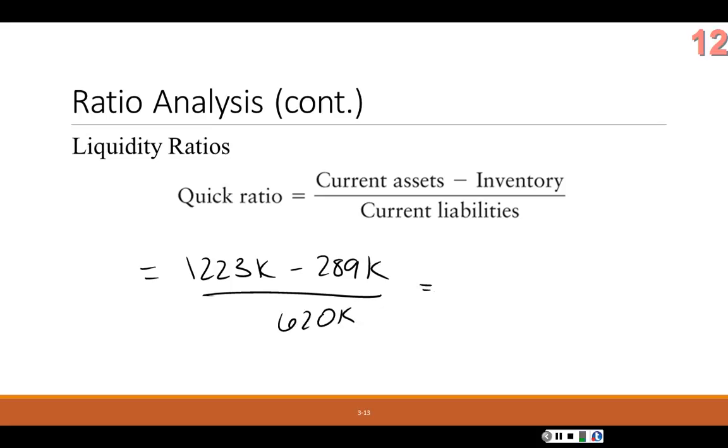This gives us a quick ratio of 1.51. Again, this is measuring how easily we can pay our short-term obligations. And again, higher is better. A quick ratio greater than 1 is generally considered safe.